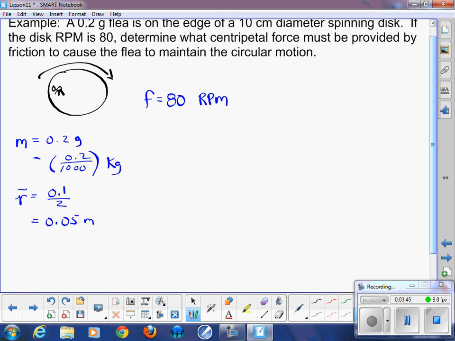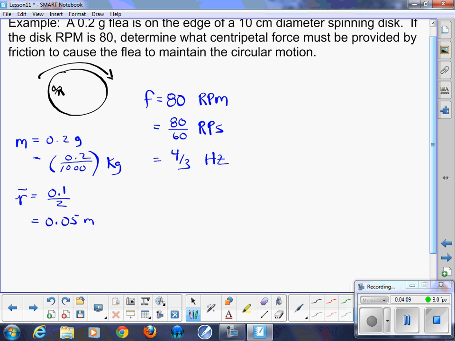We need to get it into hertz, and hertz is revolutions per second. There are 60 seconds in a minute, so the conversion is simply dividing by 60, and that gives me RPS, which is hertz, revolutions per second. 80 divided by 60 reduces down to 4/3 or 1.3 repeated.